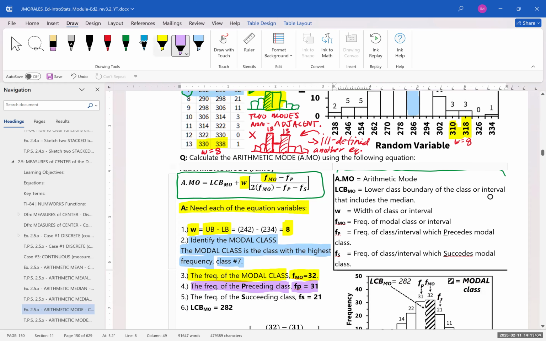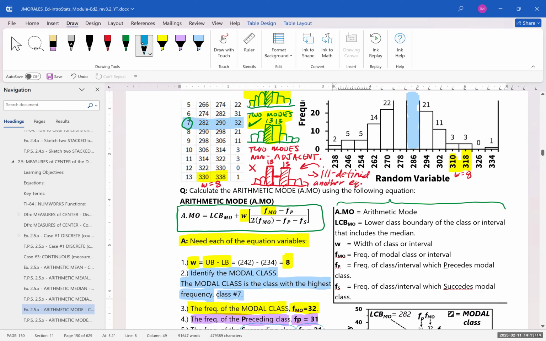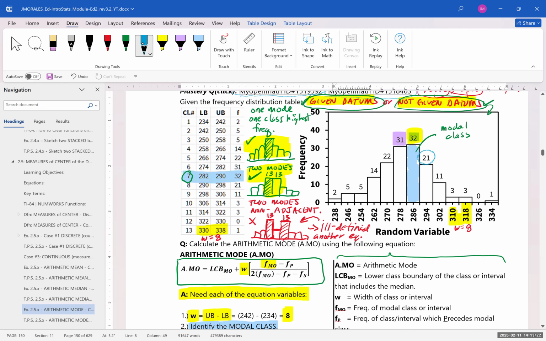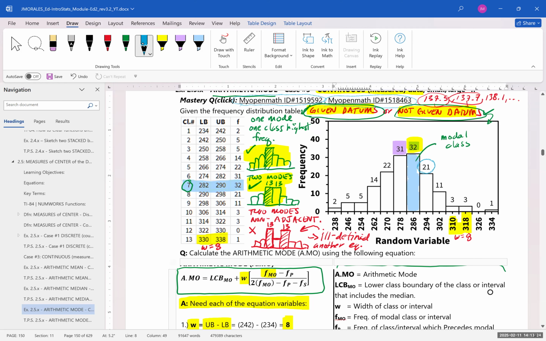Next, what is the frequency of the succeeding class? The succeeding class is the one after the modal class. That's going to be 21. So 21 is the frequency of the succeeding class, the one after the modal class. There's no calculating to do, it's just finding it in the picture.